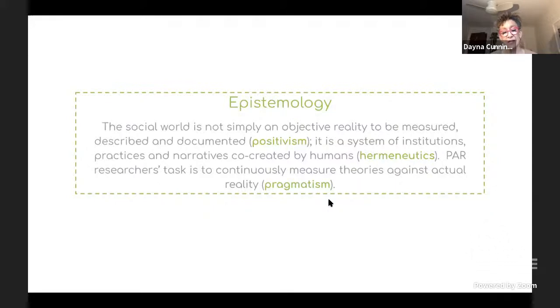And we like to say that PAR rejects both of those rigid perspectives. PAR says the researcher's task is to both take an objective measure and to understand the social context within which that objective measure exists, and constantly measure theories against actual reality. The philosophical stance of that is pragmatism.